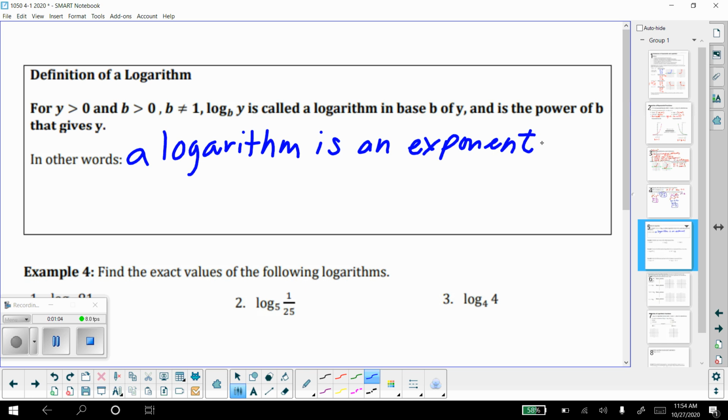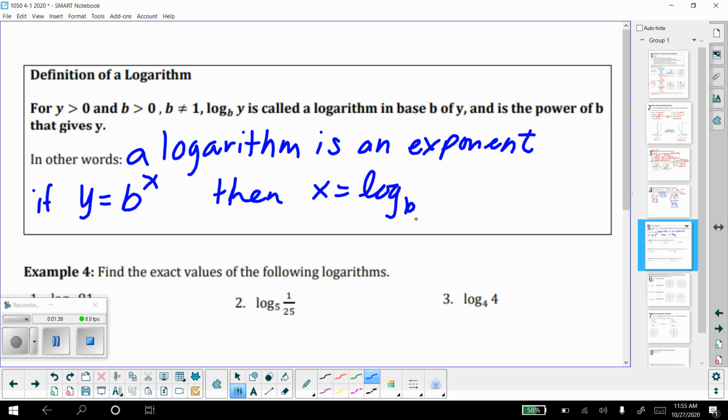Okay, so think of it this way. If you have an exponential, y equals b to the x power, then an exponential can be rewritten as a logarithm in this form: x equals log base b of y.